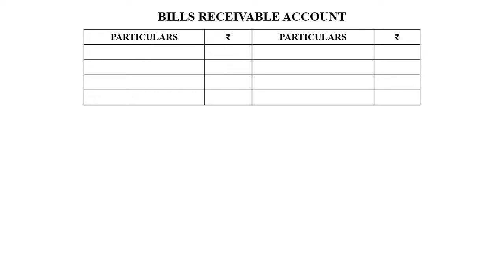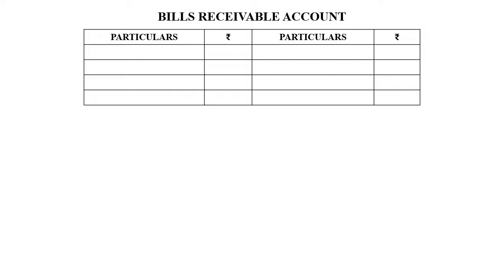This transaction is recorded in the bills receivable account as well as the debtors account. Debtors account has been debited and bills receivable has been credited, so it should be recorded in the bills receivable account also. You must record it by looking at the journal entry.